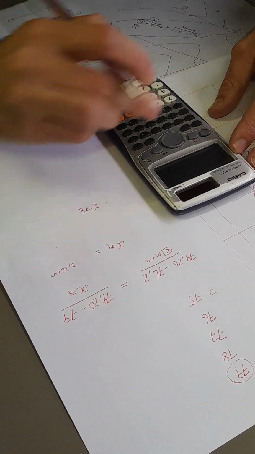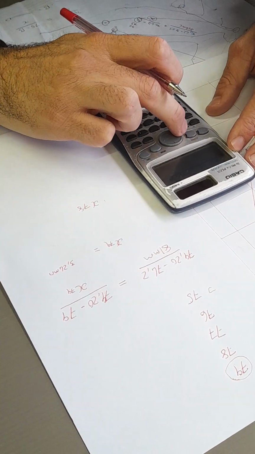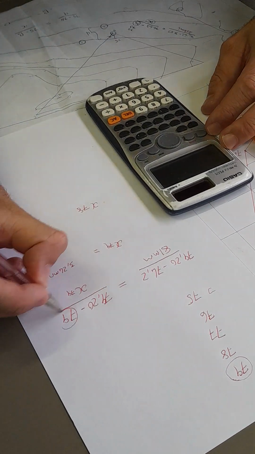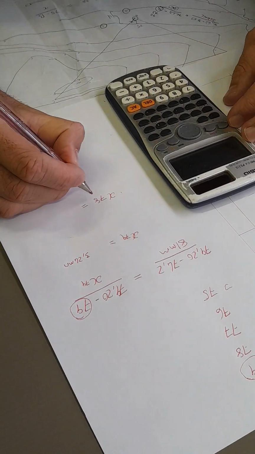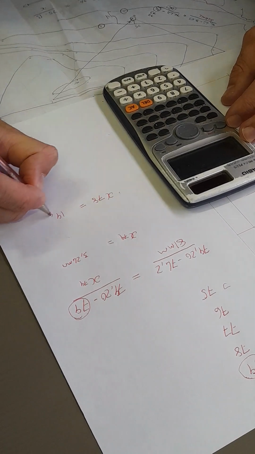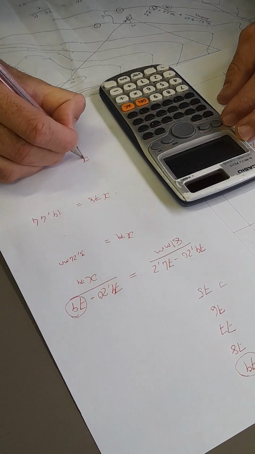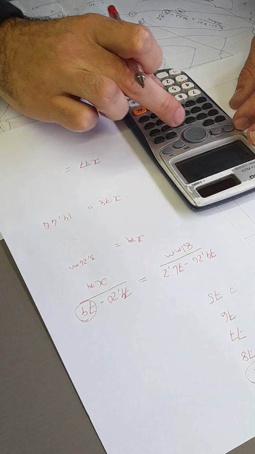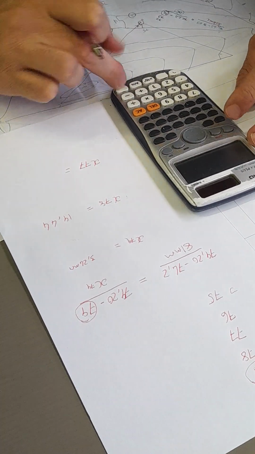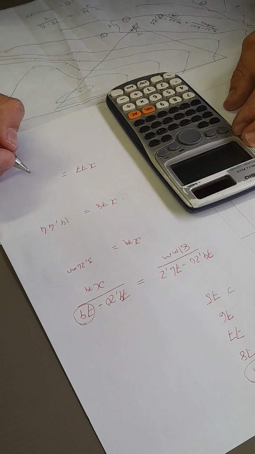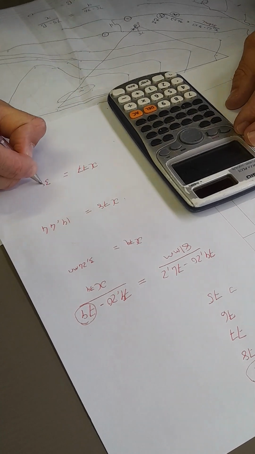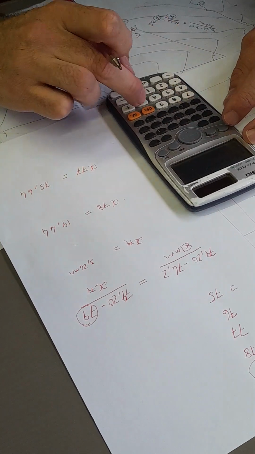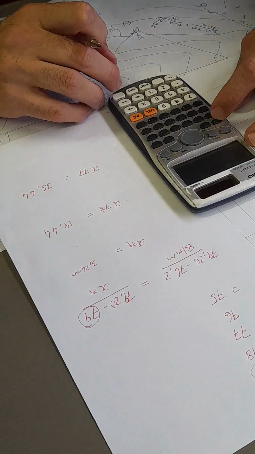For 78, then you just change the 79. You just change this every time. For 78, it's going to be 19,44. X77, 35,64 millimeters. 76.